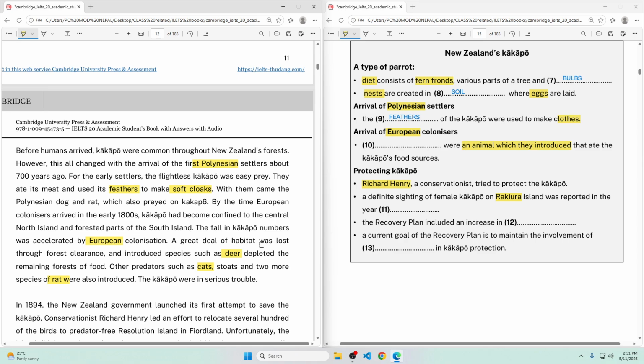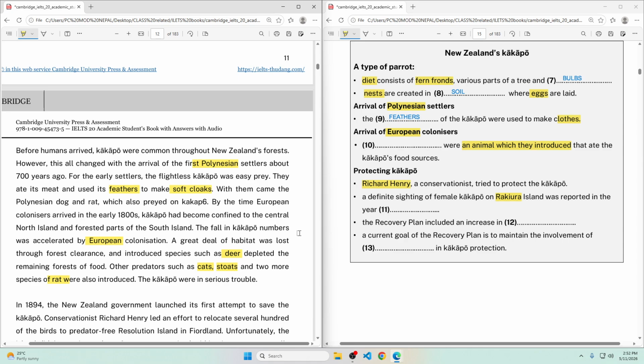The following, and two more. This is the rat. We have cat and rat as well as stoats.